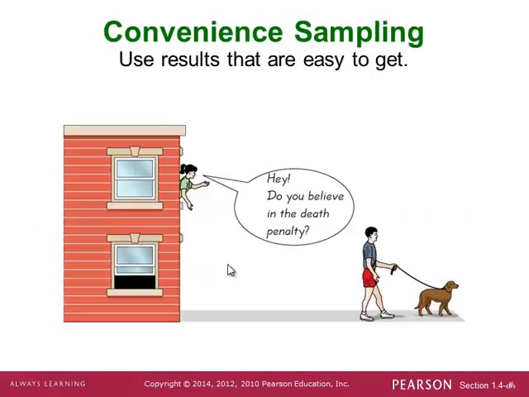Then there's convenience sampling. Now, this is lazy person sampling, and it's not sampling at all, really. It's basically where you decide that you don't want to put a whole lot of work into getting the individuals for your sample.